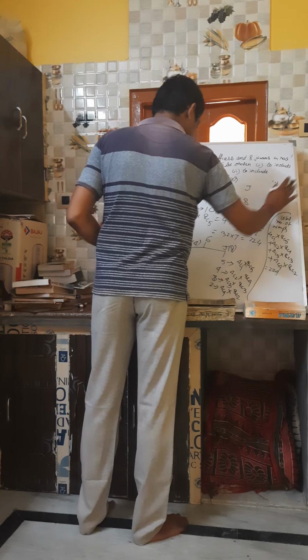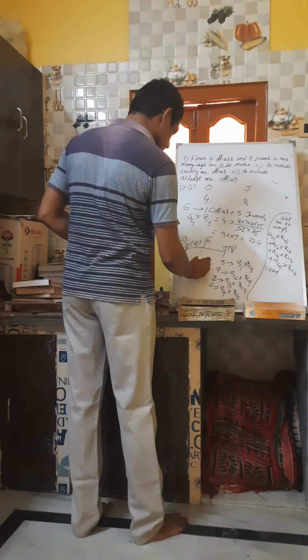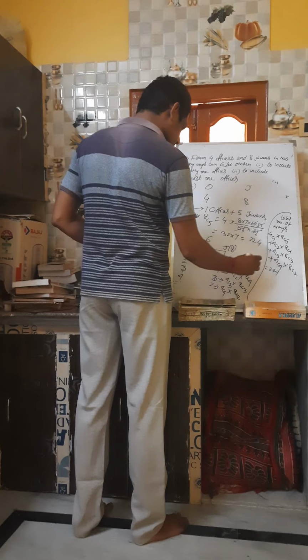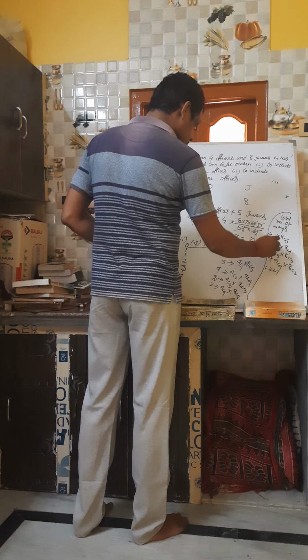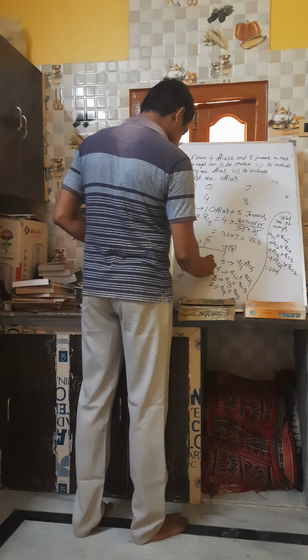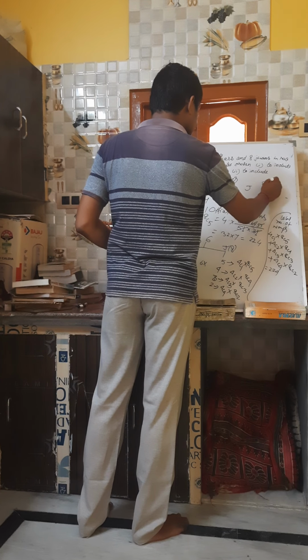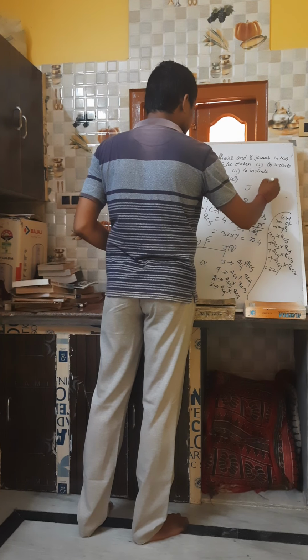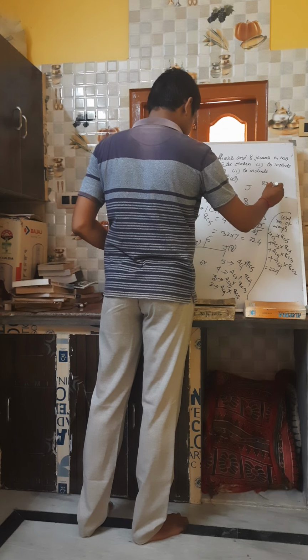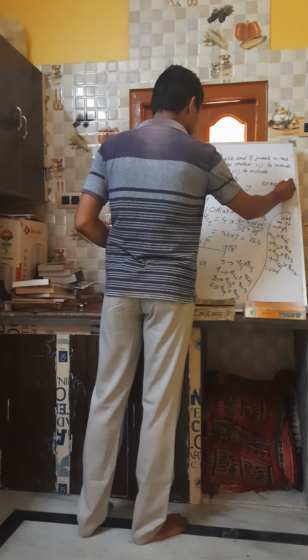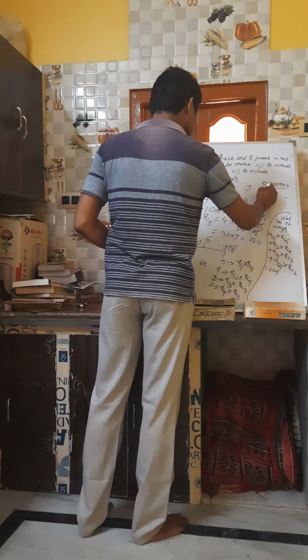So 4C2 will be 6. 8C4 is 8, 7, 6, 5, 4 factorial over 4 factorial into 4 factorial.